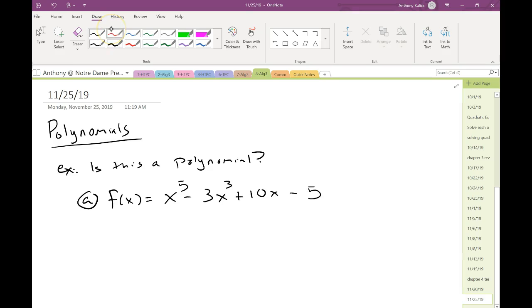So, is this a polynomial? What do you guys think? Yes, okay. So, yes is the correct answer. Why?